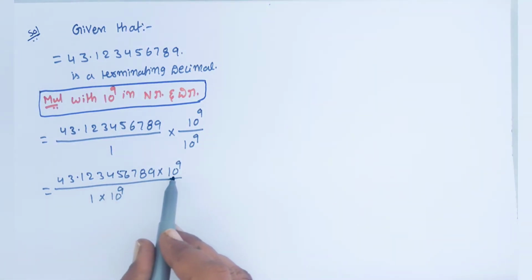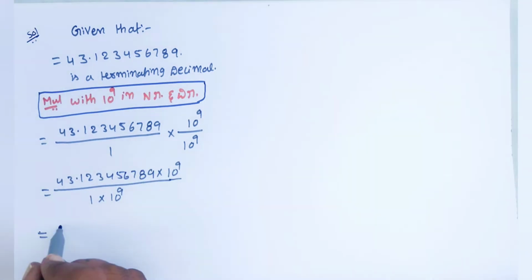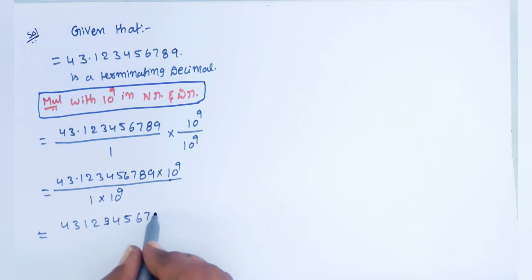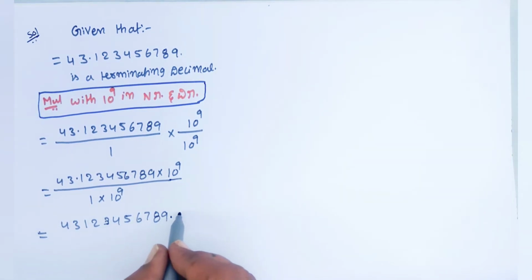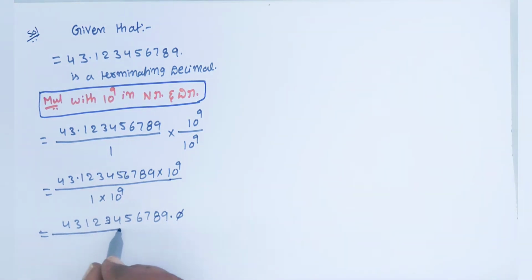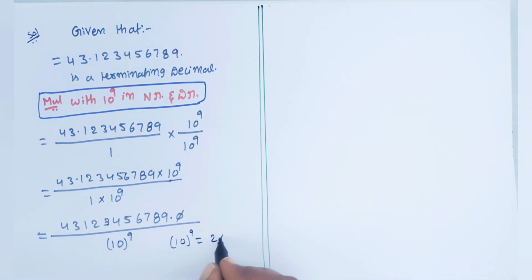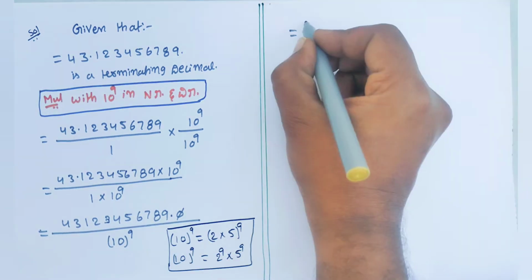So here we multiply with 10 power 9, that's why the decimal point is transposed after 9 digits, that is 43.123456789. The decimal point moves 9 digits, divided by 1 into 10 power 9, which is nothing but 10 power 9. The 10 power 9 we write as prime factorization 2 into 5, so (2 into 5) power 9 can be written as 2 power 9 into 5 power 9.